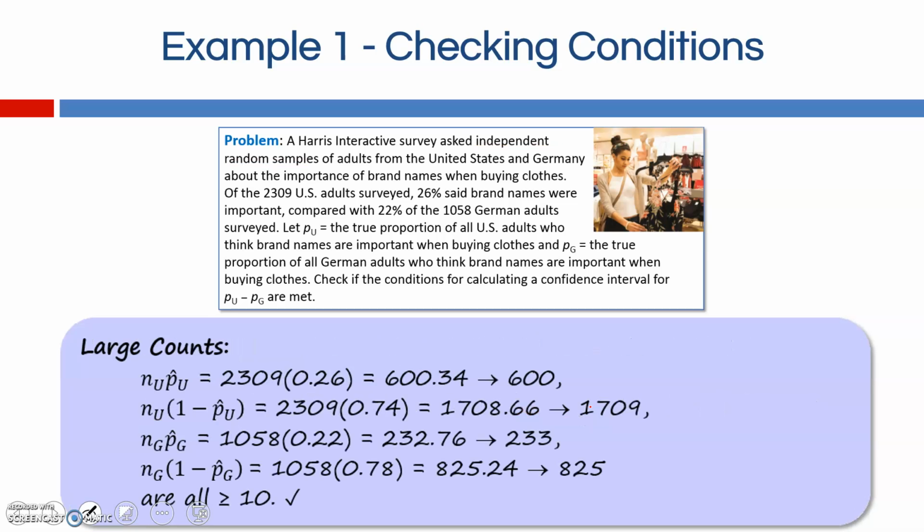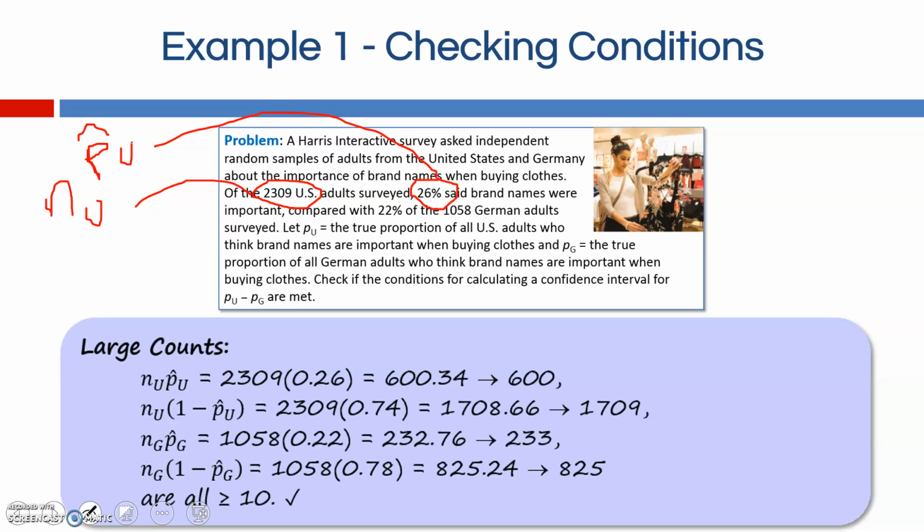All right, now the large counts condition. Notice the use of subscripts here specific to the proportion. So for the US part, we are going to take n sub u. 2,309 is our sample size for the US adults, and our 26% is our p-hat for US adults.